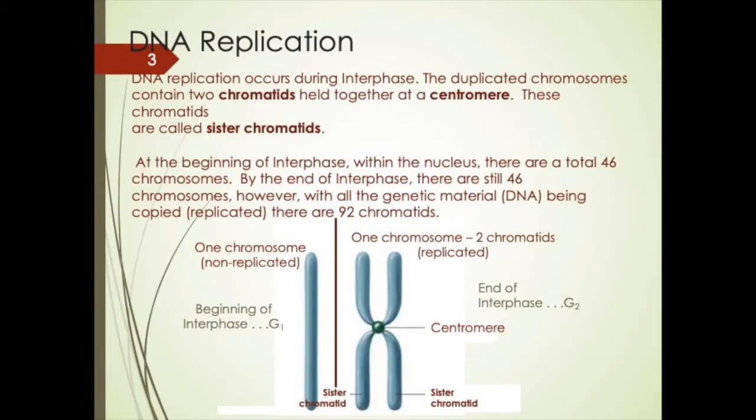Okay, DNA replication occurs during interphase, the S phase, you remember. The duplicated chromosomes contain two chromatids held together at the centromere. That's that center part. These chromatids are called sister chromatids. At the beginning of interphase, within the nucleus, there are a total of 46 chromosomes in us, right?